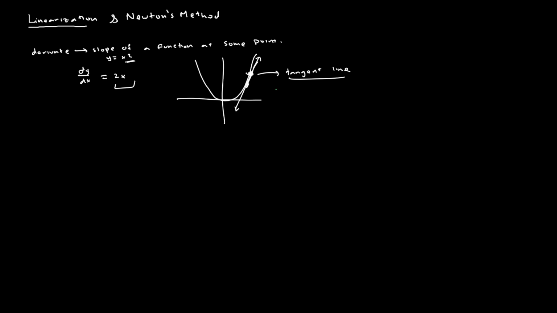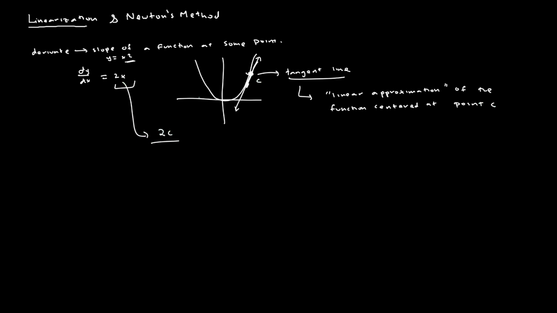That tangent line can also be called the linear approximator or the linear approximation of the function centered at point C. So if this was some point C right here, and we found the derivative at point C, in this case my derivative is 2x, so the slope at point C will be 2c.